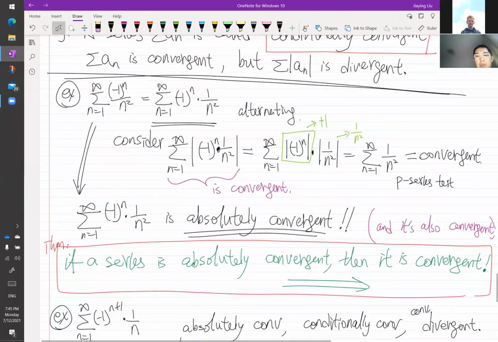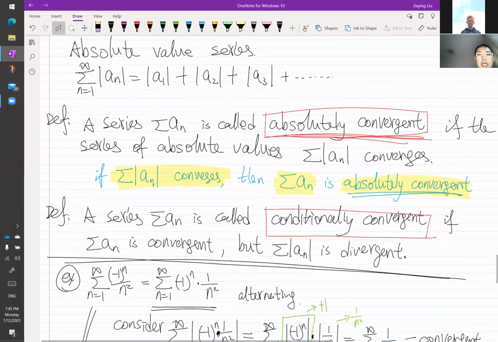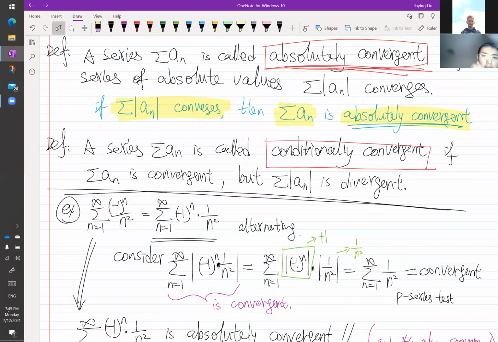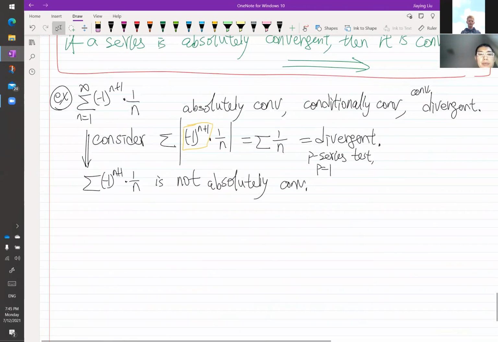So conditionally convergent, saying that the given series has to be convergent, but the absolute value of that series is not convergent. So we found out that the absolute value series is not convergent, but how about the given one? Is it convergent?